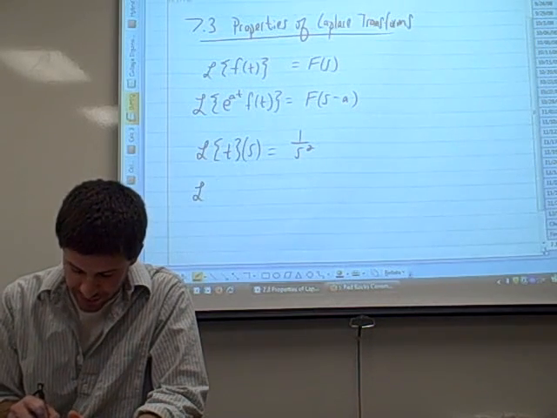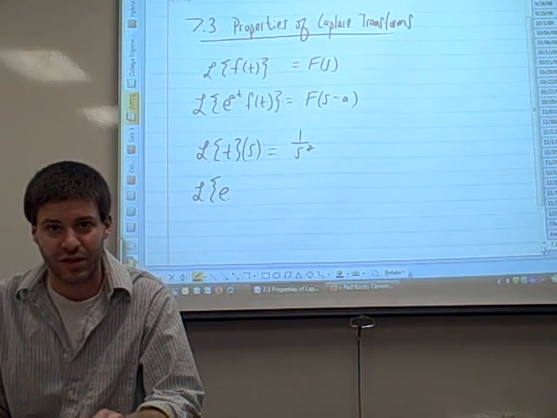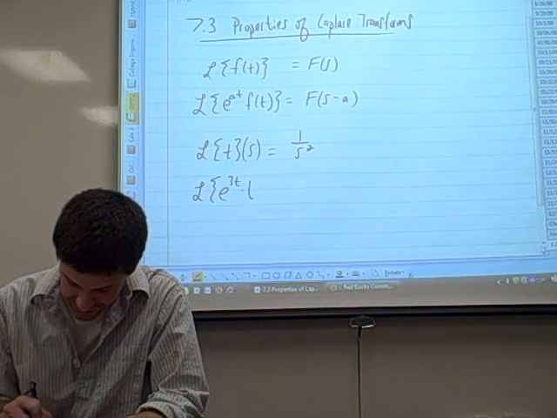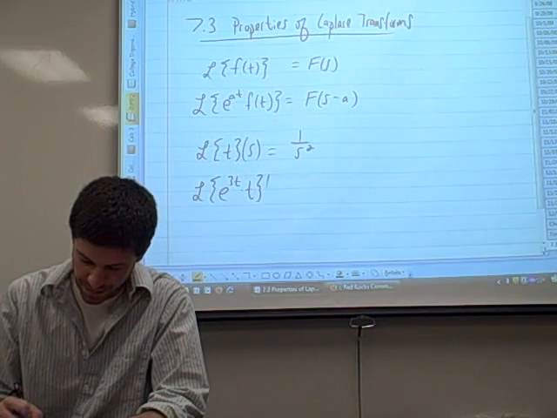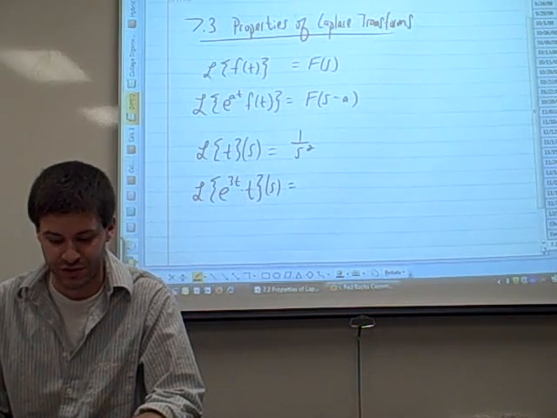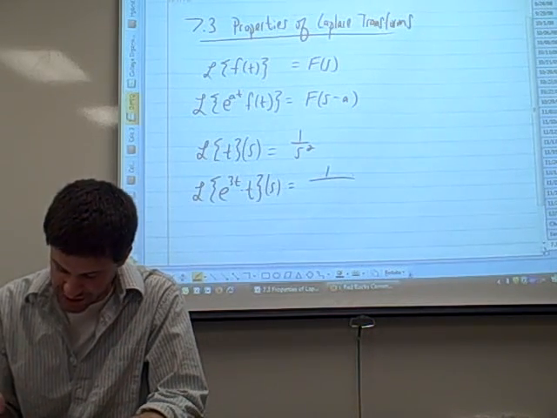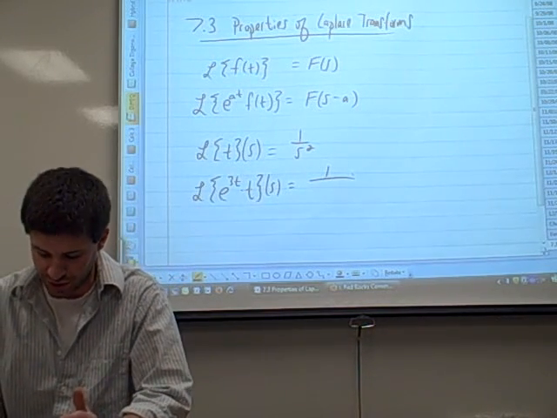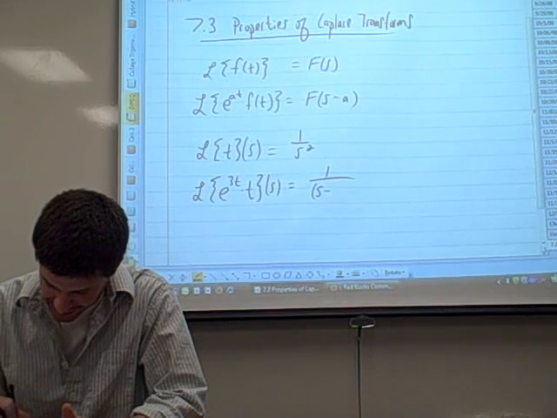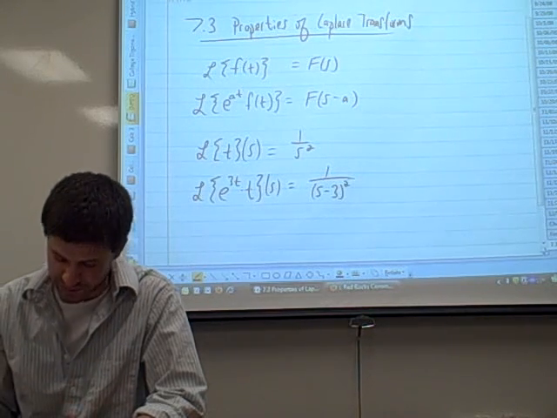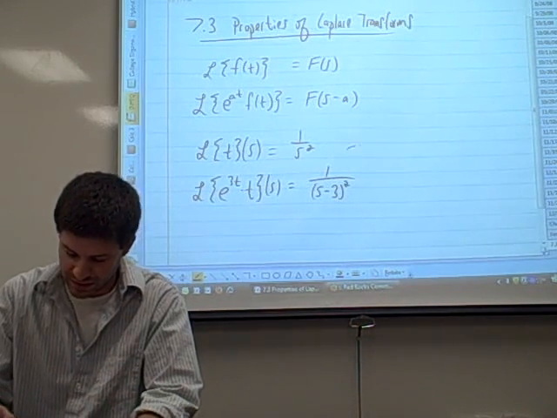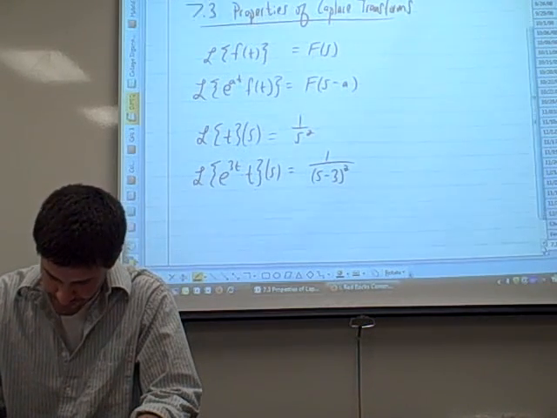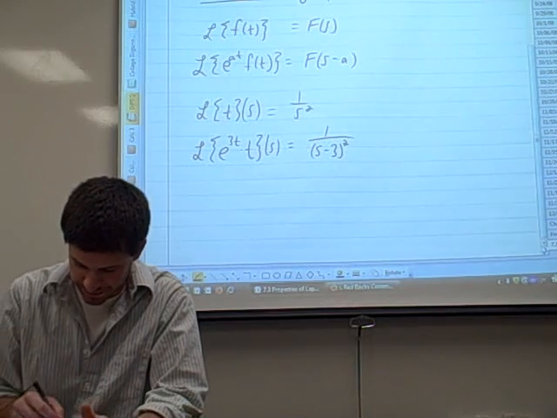Now, using this property, if we wanted to find the Laplace transform of e to the 3t times t, we can just take our 1 over s squared and shift it to the right by 3 units. In other words, we take s minus 3 and square it. We replace the s with an s minus 3. So that'll come in handy in the future.